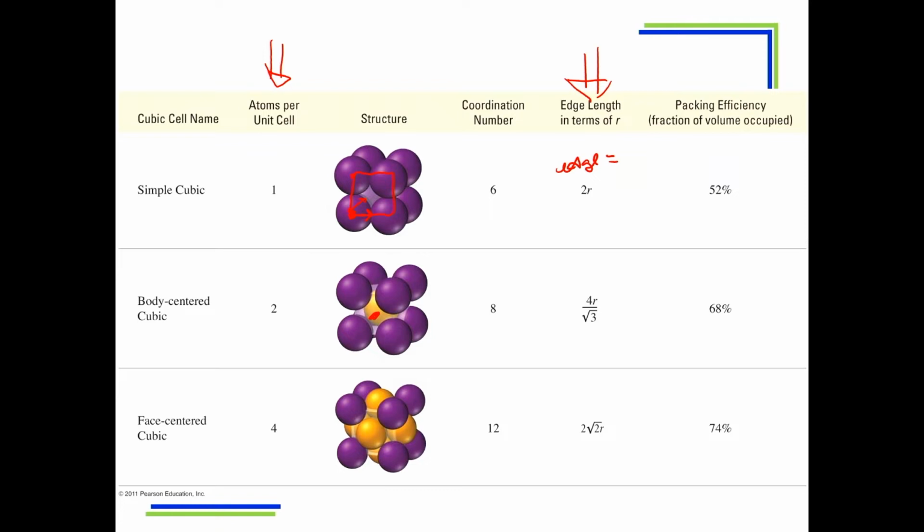If this is a radius from here to here, and this is a radius from here to here, okay, 2 of those make an edge length. Well, with a little bit of geometry, you can get that relationship between the radius and each one of those edge lengths. So those are the equations that get you the edge length depending upon which one of those cubes you have.